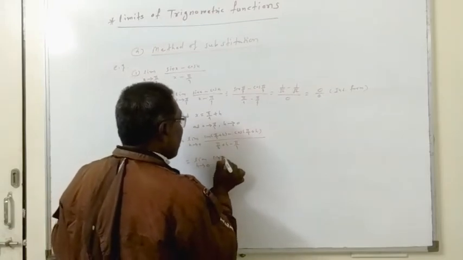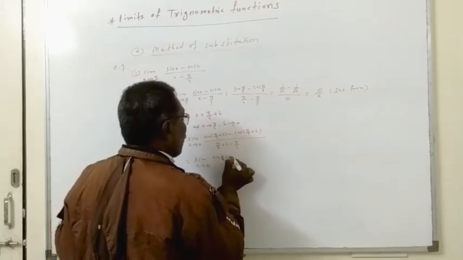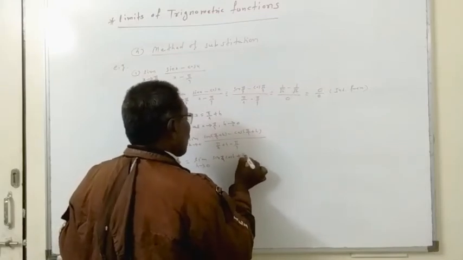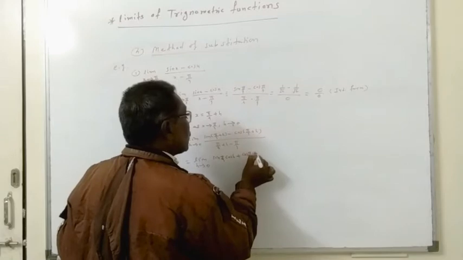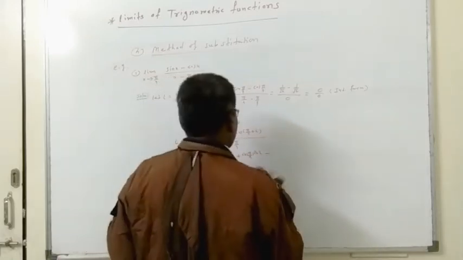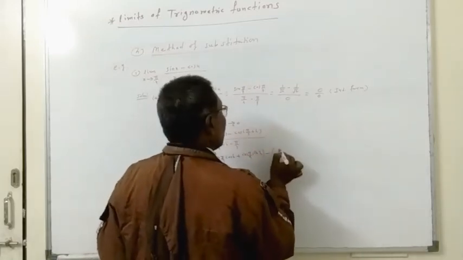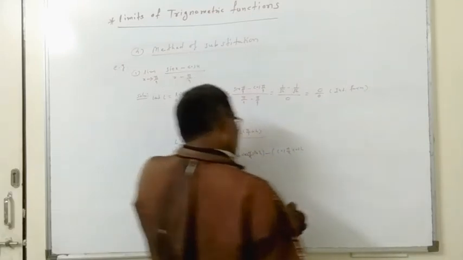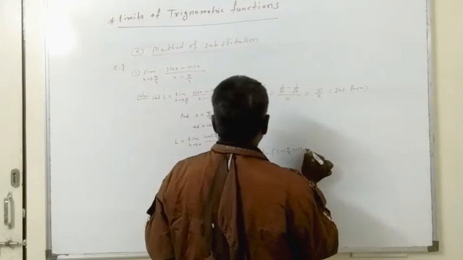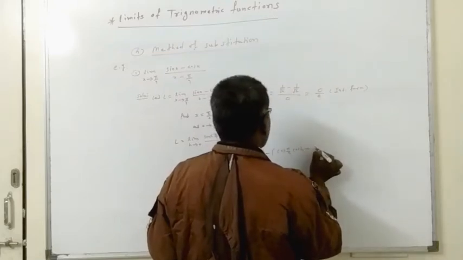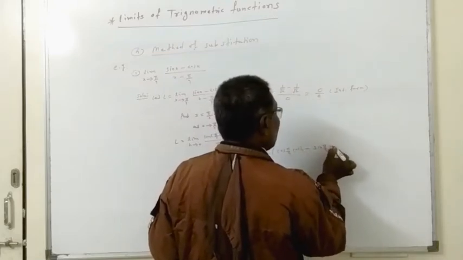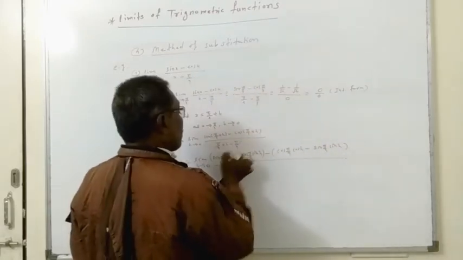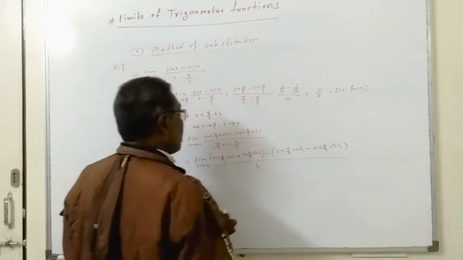So sin pi by 4 cos h, sin a plus b formula, plus cos pi by 4 into sin h, minus cos pi by 4 cos h, cos a plus b formula, minus sin pi by 4 into sin h, divided by, now this pi by 4 minus pi by 4 gets cancelled, so divided by h.